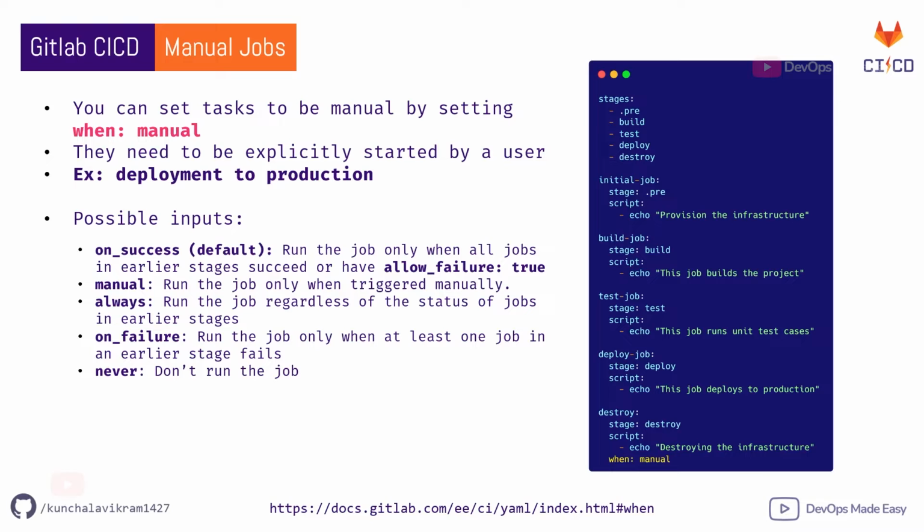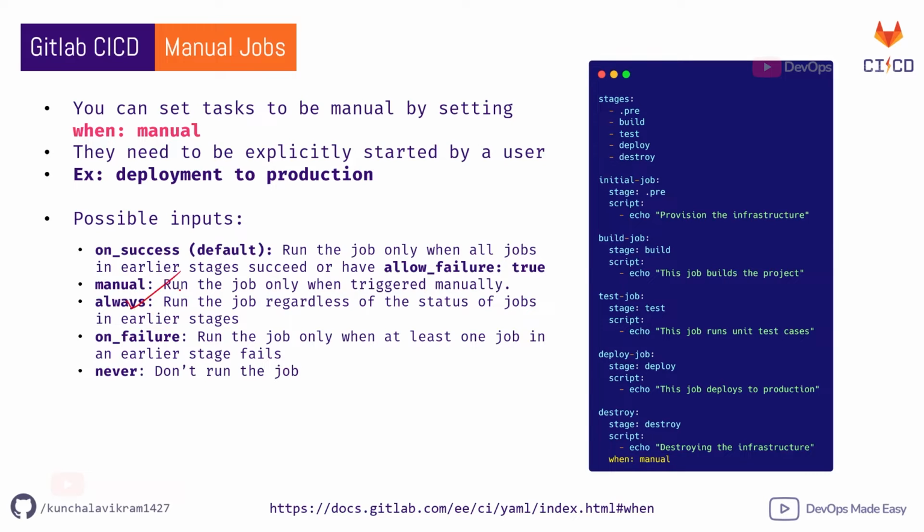And not only this, you can also have other values for this when. By default it is on success. When I set this to on success, it means that once the earlier jobs have succeeded, only then will this destroy job run. Because as I said, if any job fails in the CI/CD pipeline, the other jobs will be skipped. And also you can set it to manual to trigger this job manually.